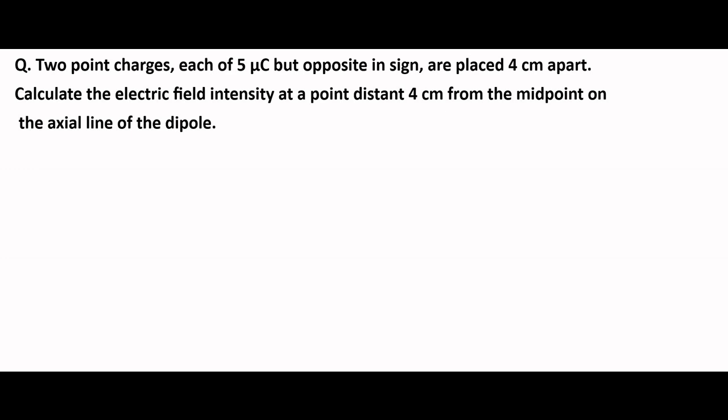Okay, so here we have two charges. One is -5 microcoulomb and the other is +5 microcoulomb. They are placed 4 centimeter apart. So the separation gap is equal to 4 centimeters.